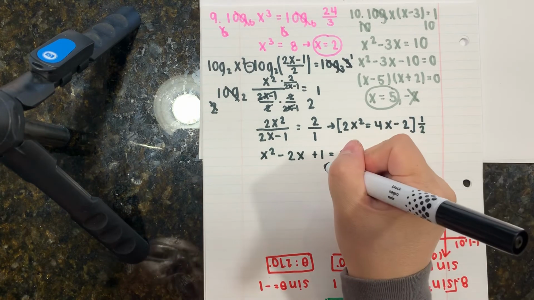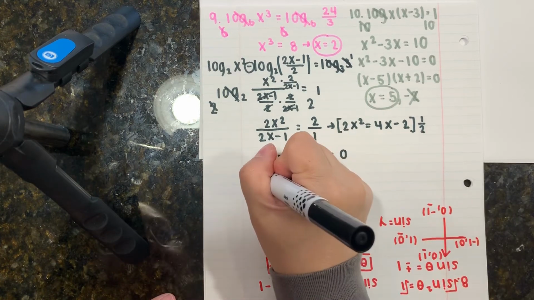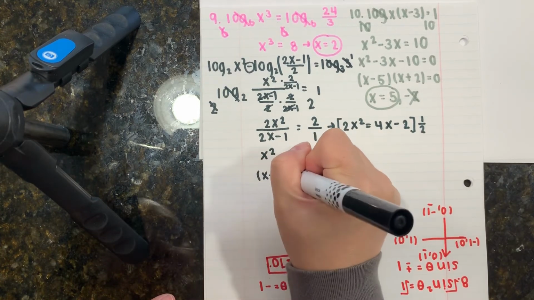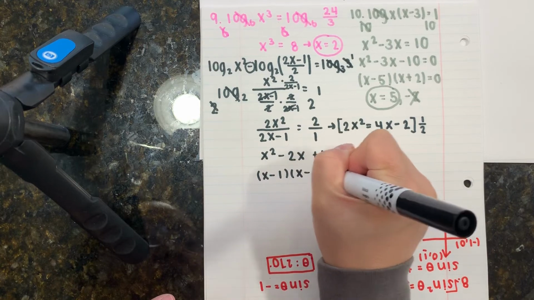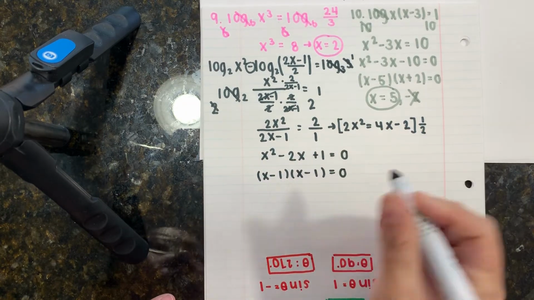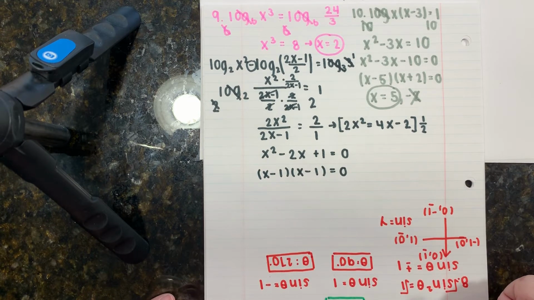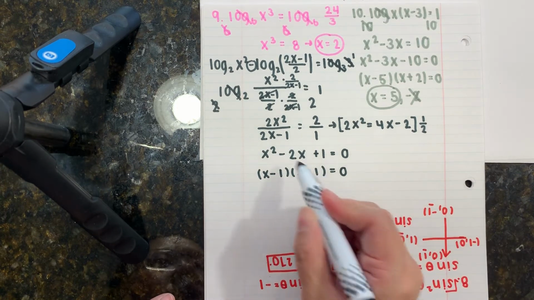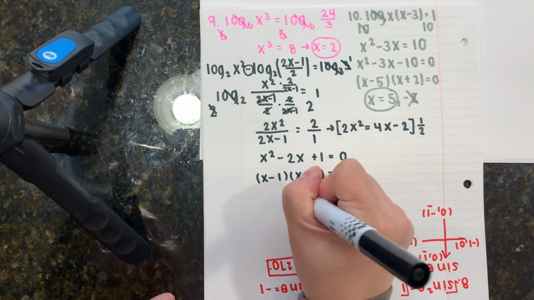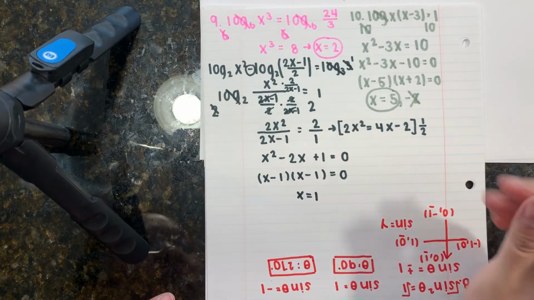Now, this one actually does factor evenly too, because I have two numbers that multiply to give me positive 1, but when added up, give me negative 2. So negative 1 times negative 1 gives me positive 1, and then negative 1 plus negative 1 gives me negative 2. So my result is going to be x is equal to 1.